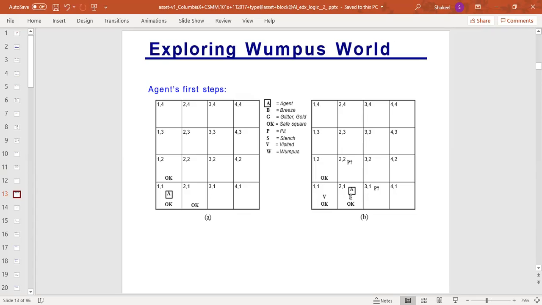But this room actually has a breeze, which means that there is potentially a pit here or here. So I'm going to add a question mark to the symbol P to say: is this a pit?